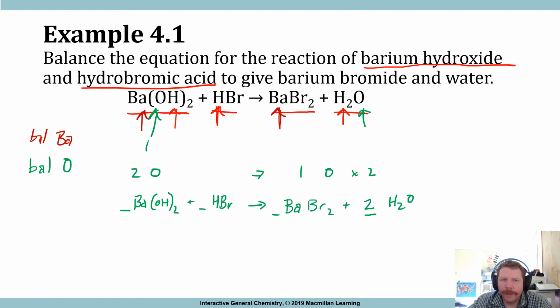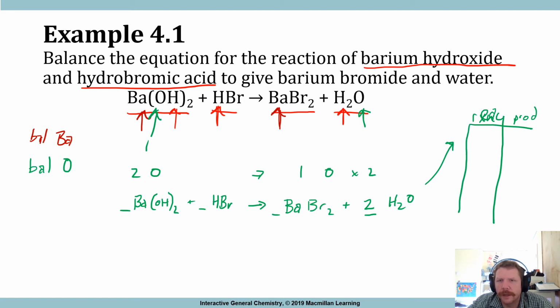So if I go back and look at this equation, I'm going to ask myself, and I'm going to try to do it like this: reactants, products. The first elements that I want to look at are Ba, O, H, and Br.